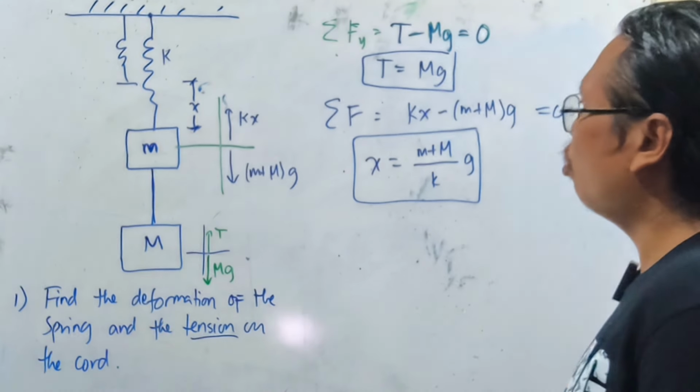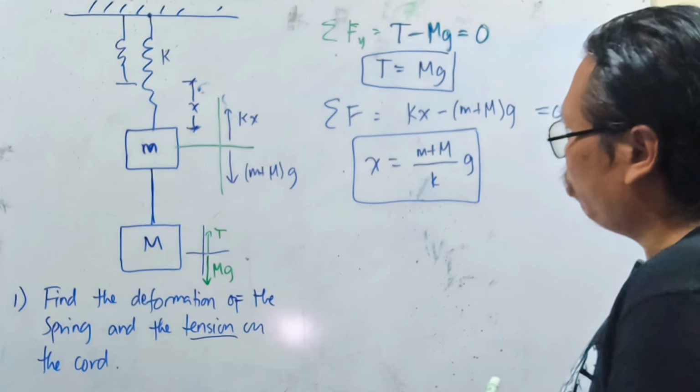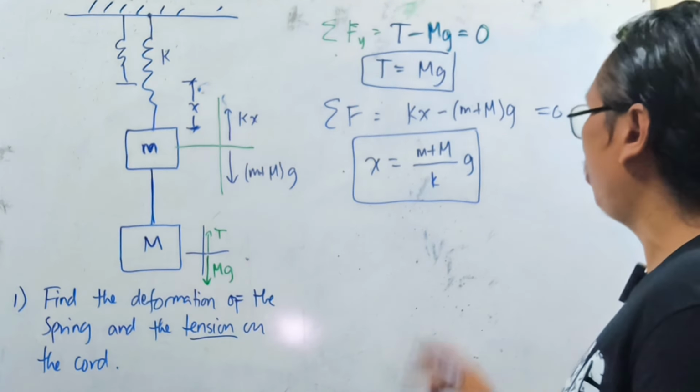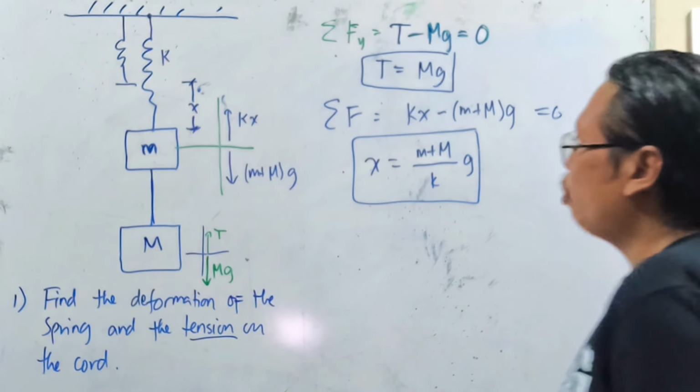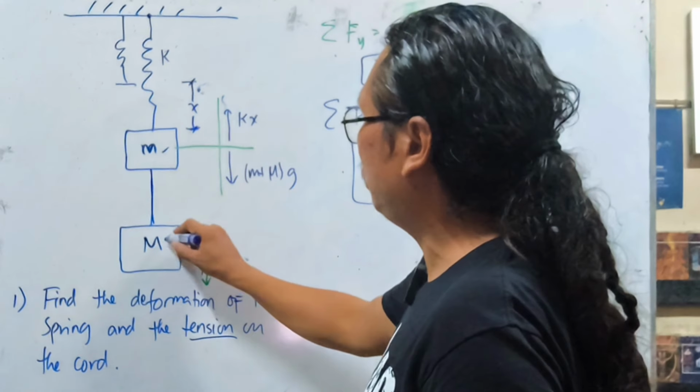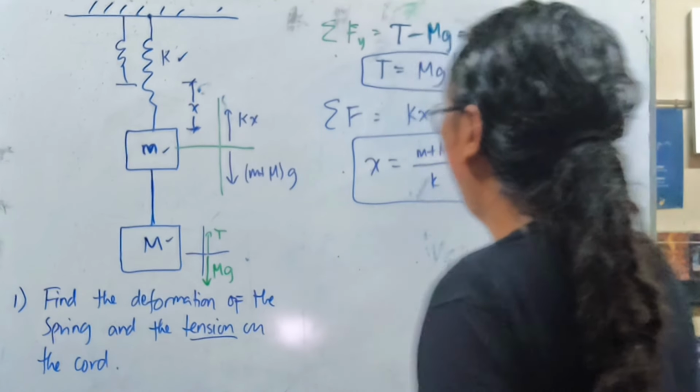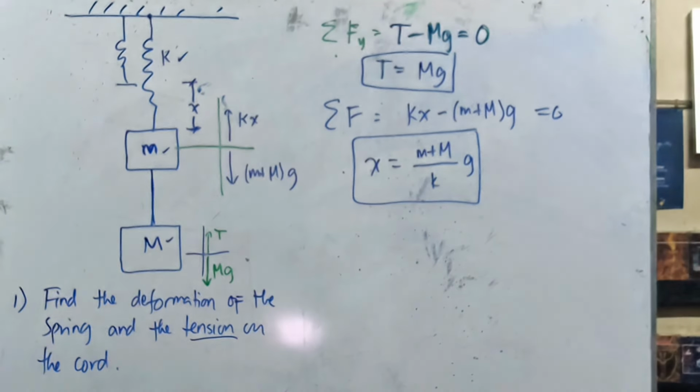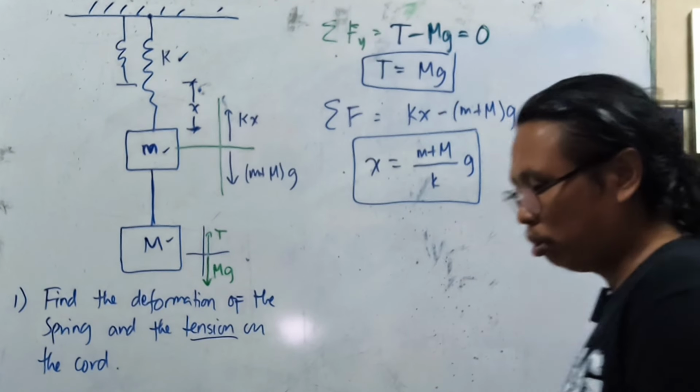If there are numbers here, you can just put the numbers. Otherwise you have to express the formula in terms of what is given, so the final formula must be in these variables.